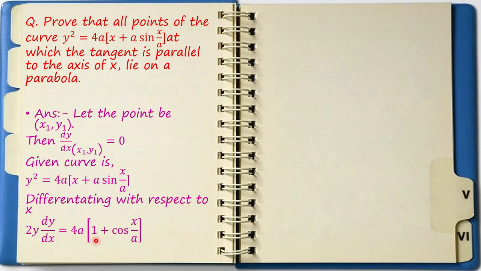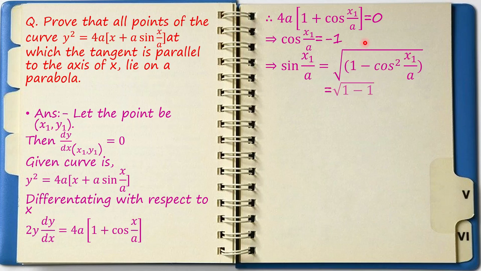So from the right hand side we can say this 4a into (1 plus cos x1 by a) should be equal to 0. That means cos of x1 by a should be minus 1. So from here we can easily find the value of sin x1 by a, that is root over (1 minus cos square x1 by a), that is 0.